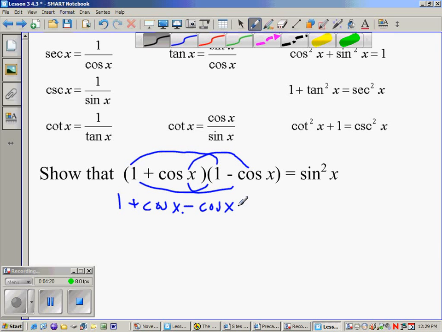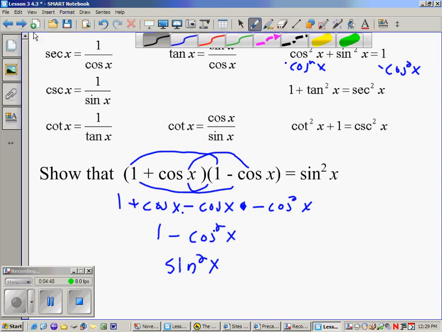And then the last are going to be minus cosine squared x. So the plus cosine minus cosine cancels out, so it's just 1 minus cosine squared x. Or if you look at the identities on top, we can subtract cosine squared from both sides. And 1 minus cosine squared will just be sine squared x, which is what we wanted.